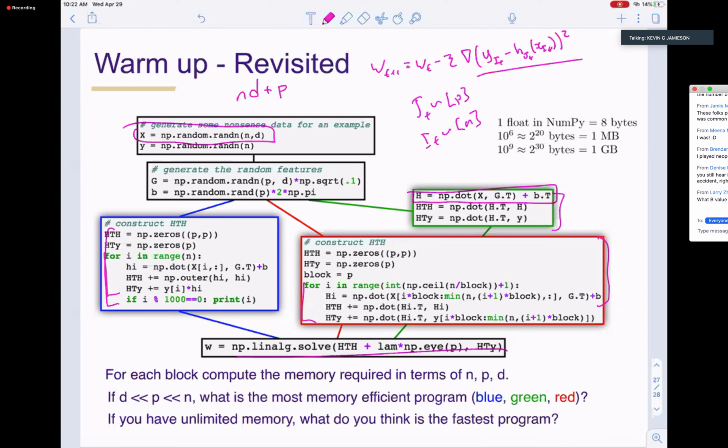Actually, we need to store the g, so that's p times d, but not p squared. We avoided p squared because p can be in the tens of thousands, and d can be like 10. So p squared is what really killed us, and we were able to do this computation extremely efficiently. This is the power of stochastic gradient descent, and if you actually ran this, it would be very, very efficient.